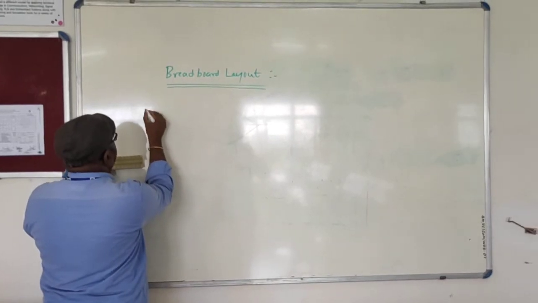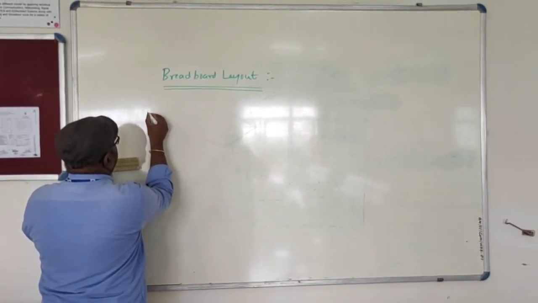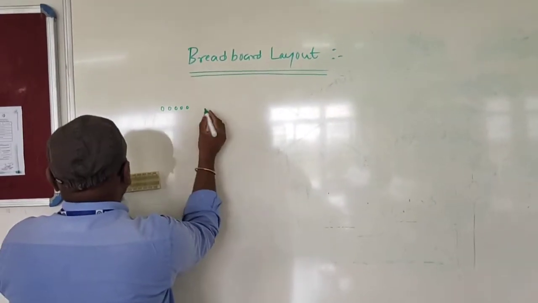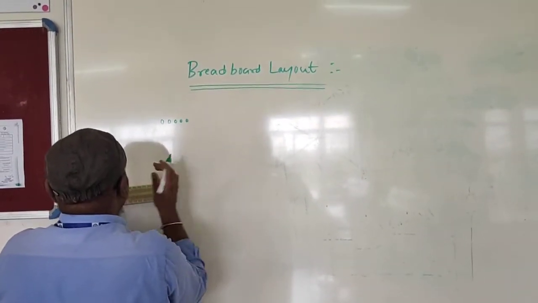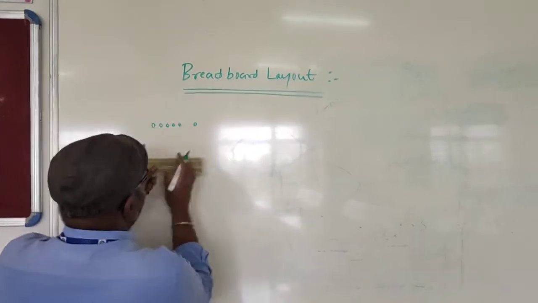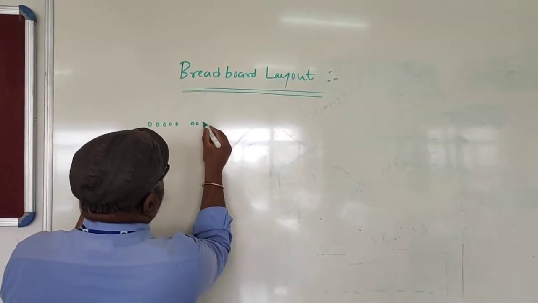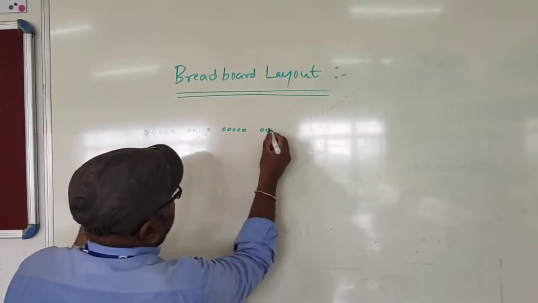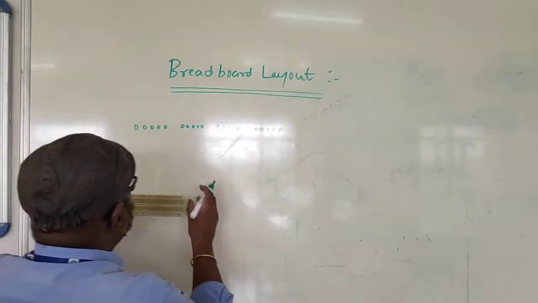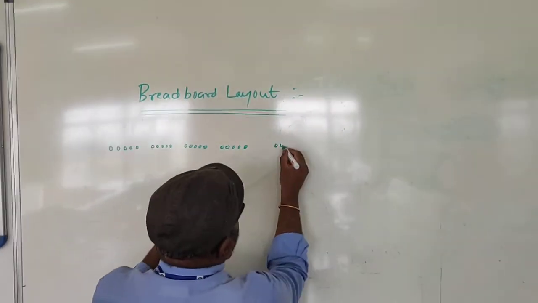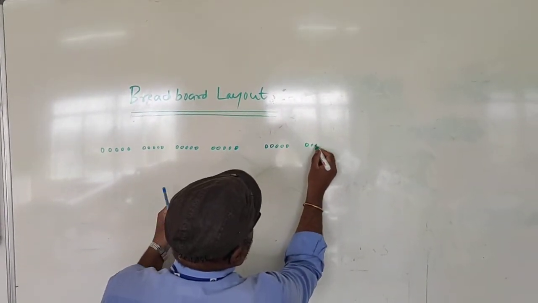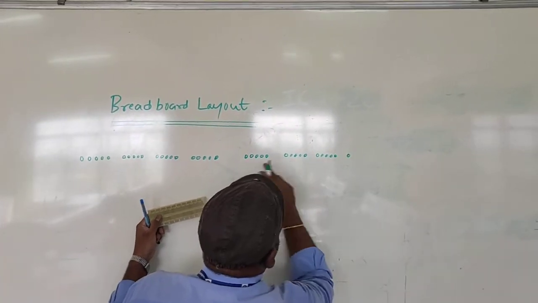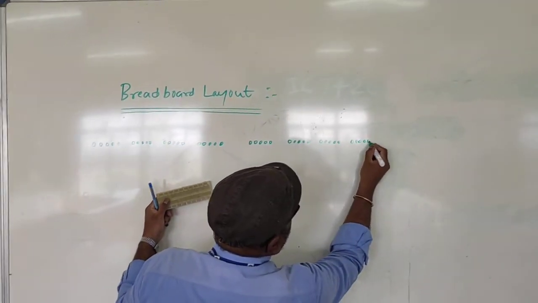So these are the holes or points, you can say 1, 2, 3, 4, 5 holes. Like that you will get a set of 5 holes at one side of the breadboard. On the other side of the breadboard there is also the same thing, a set of 5 holes.